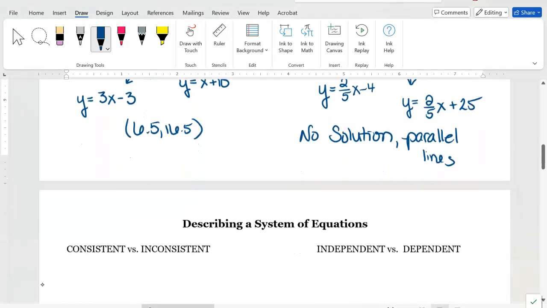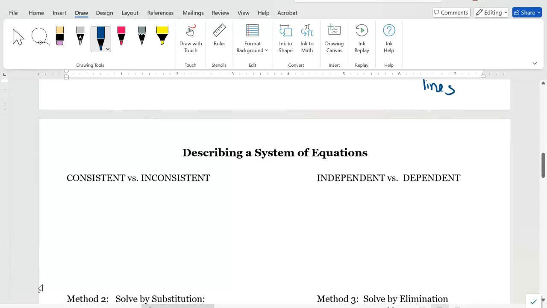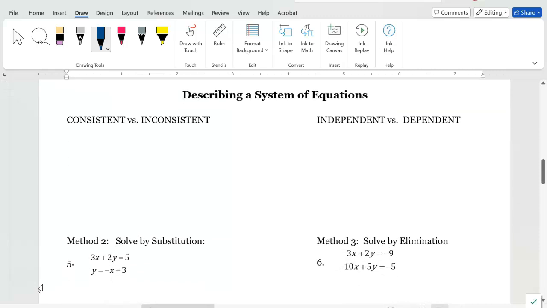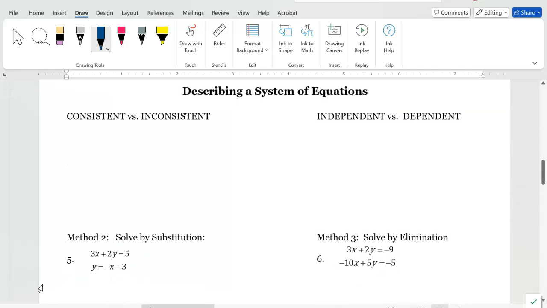All right, so let's take a look at some of the vocabulary that goes along with a system of equations. And this might be new information to you, but we talk about systems that are consistent and systems that are inconsistent. An inconsistent system is like what we just had. There is no solution to an inconsistent system.